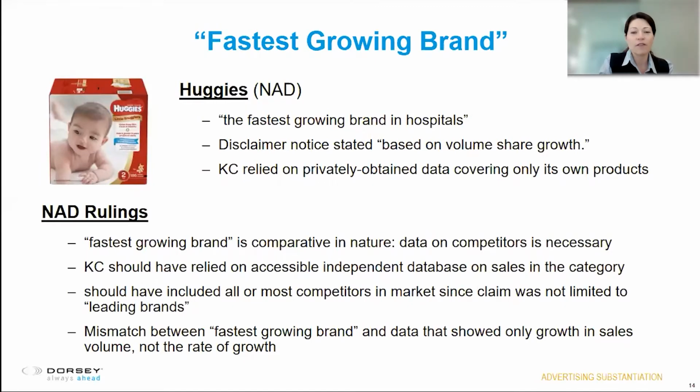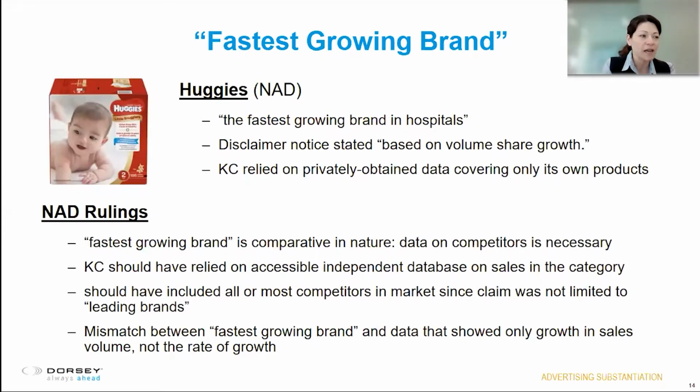And if Huggies saw an increase in sales or shipping, that must necessarily mean that Pampers saw a decrease. Everyone on the line is probably already seeing some failures with this logic, but that was the reasoning. Also in this case, it's worth noting that there was a third-party independent database that had hospital product information and sales data, called the Global Healthcare Exchange, that could have been referenced to obtain the data related to really everybody in the market.